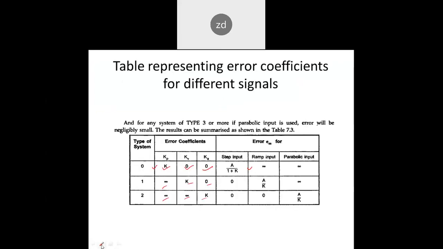So when it is talking about the ramp, I'm sorry, let me go to the other slide. Yeah. So when it is talking about the ramp, I know the input would be equal to a by s square. So this is the input that I will have to feed. And for a ramp system, I know my error ESS would be equal to limit s tends to 0 of s g of s h of s.